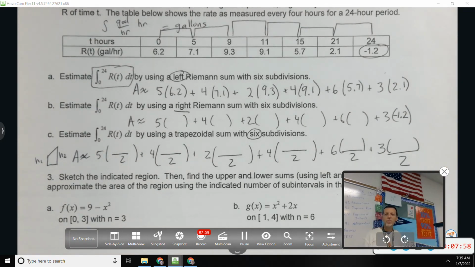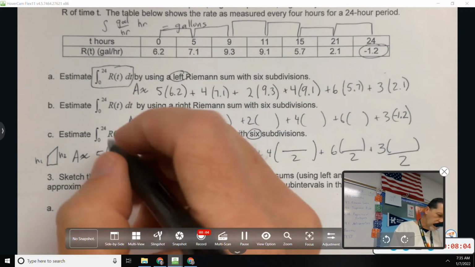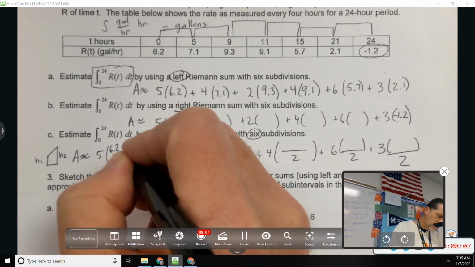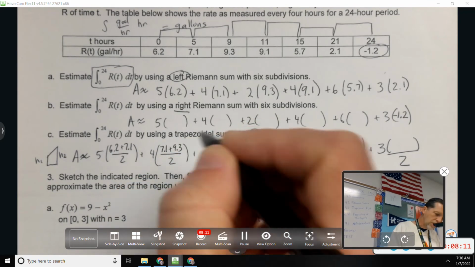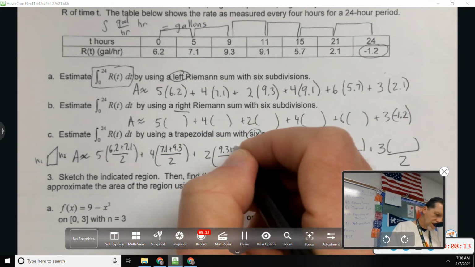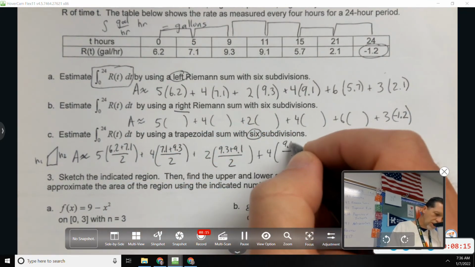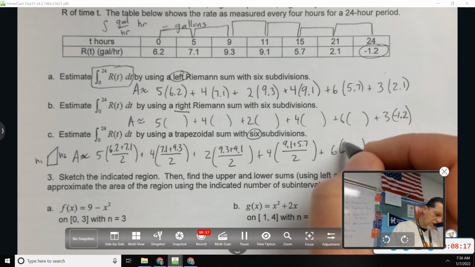Setting it up piece by piece here. So the first 2 heights are 6.2 and 7.1, and 7.1 and 9.3, 9.3 and 9.1, and so on.